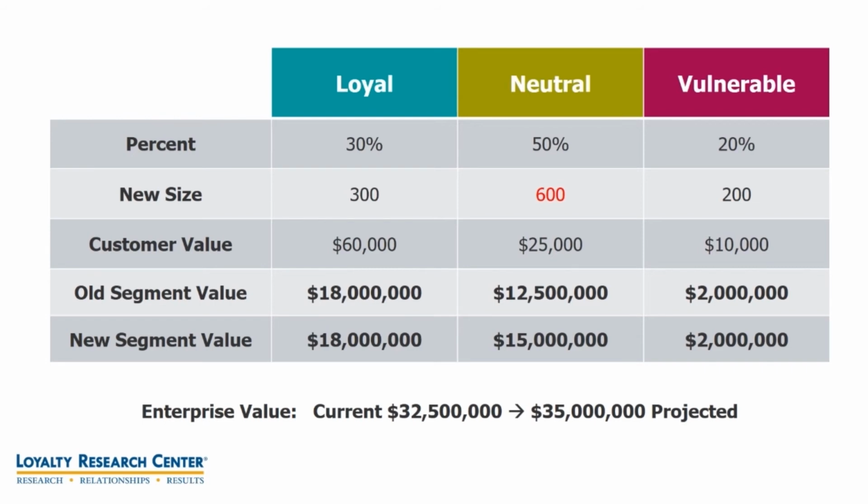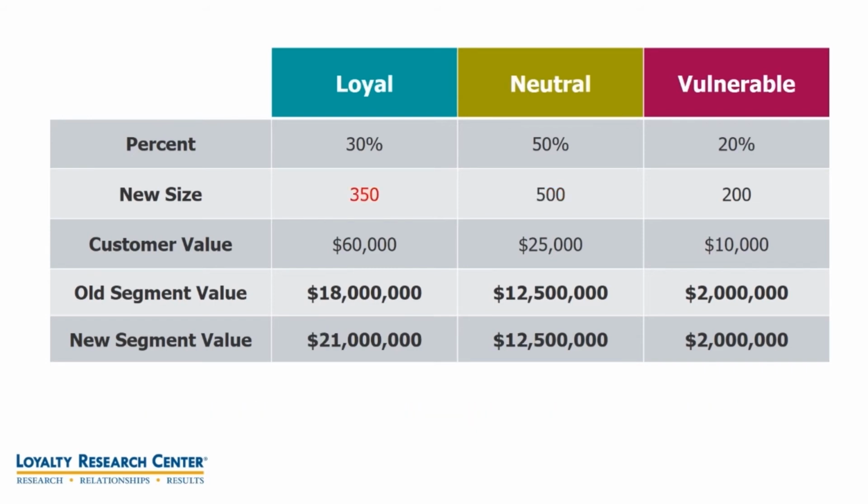Instead, let's grow our loyal segment. Let's focus on, and what this would do, we say, who are our loyal customers? Who in our prospect base could be a loyal customer based on what we've learned, and let's focus our marketing and sales efforts on those customers. Here we're only growing our customer base by 5%. We're growing our loyals from 300 to 350.